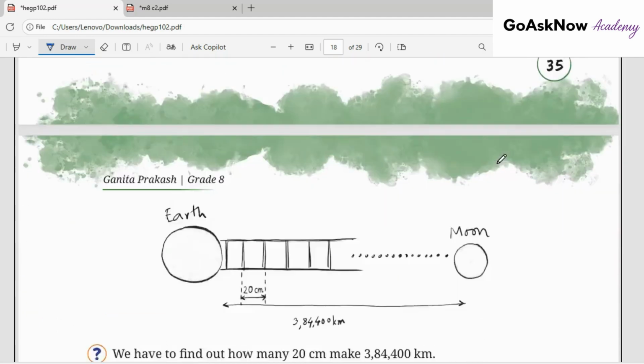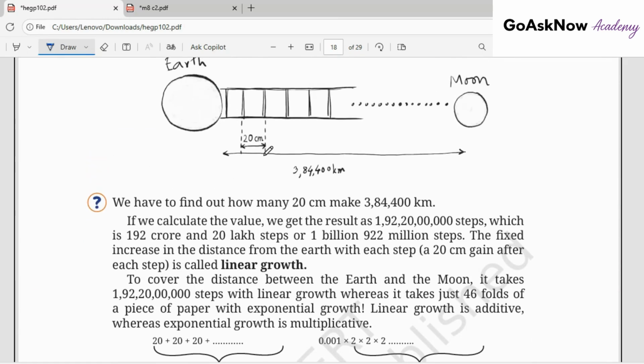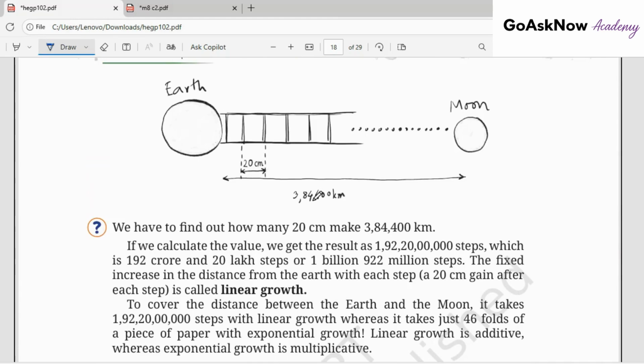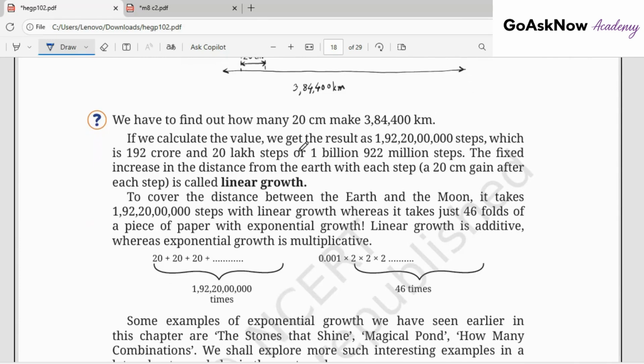Visualizing the problem as shown, we have 20 centimeters against the distance to the moon, which is 3,84,400 kilometers. We have to find out how many 20 centimeters make 3,84,400 kilometers.